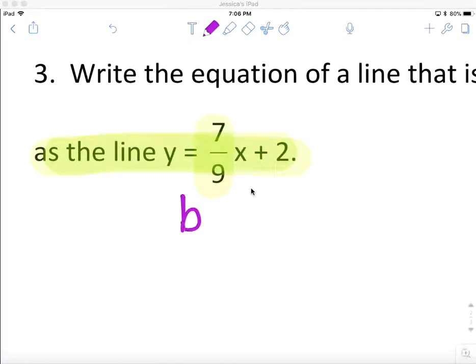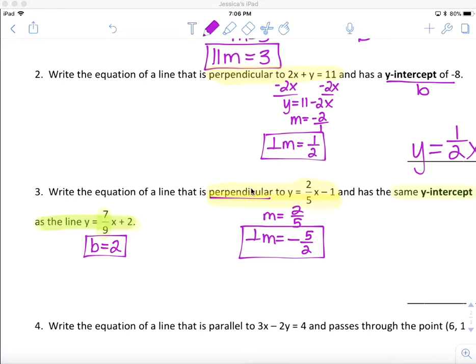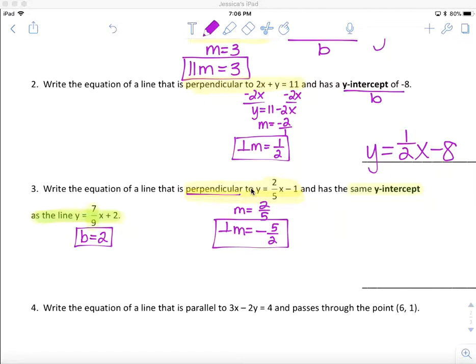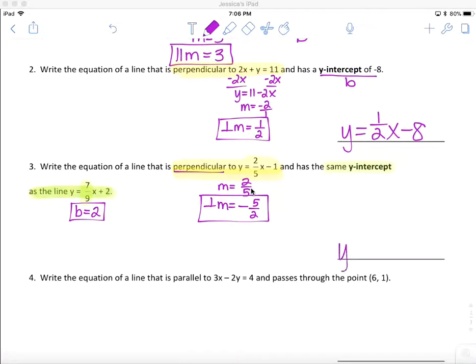The b value of this equation is 2. So I don't care about the 7 over 9x at all. All I'm taking away from this is that my new b value is 2. So I'm taking my slope from one part, my y-intercept from the other, and I'm putting it together to write y equals negative 5 over 2x plus 2.